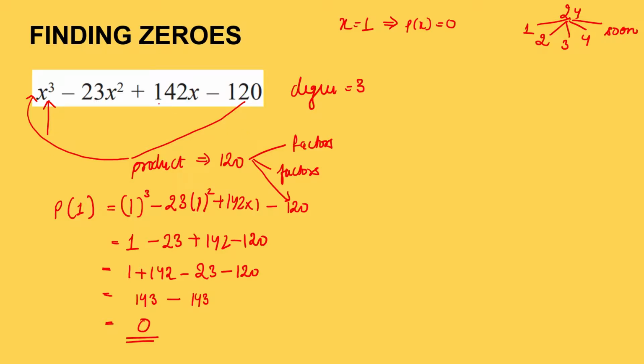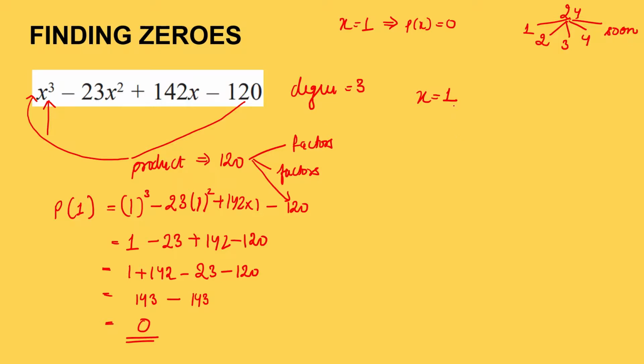But whenever we have polynomial in terms of x or in terms of y, तो उसका zero भी उसी variable की form में होगा. Now this variable is x, this polynomial is in the form of x, that means its zero will also be in form of x. Now with the help of x is equal to 1, this polynomial becomes 0.